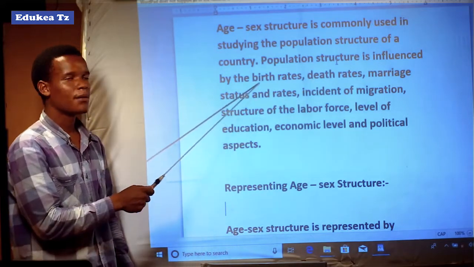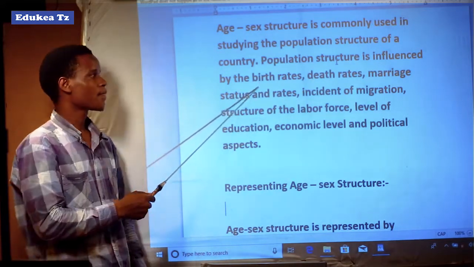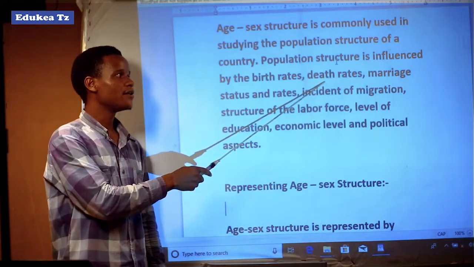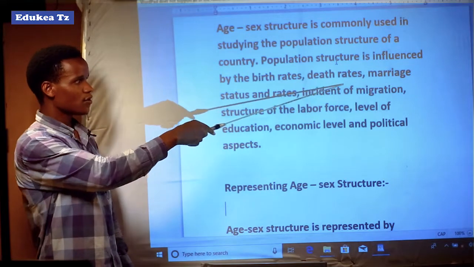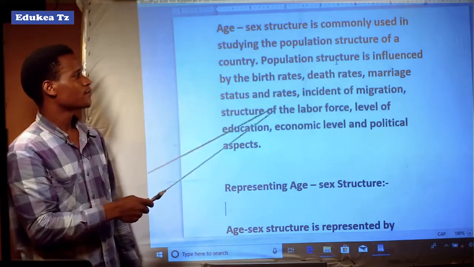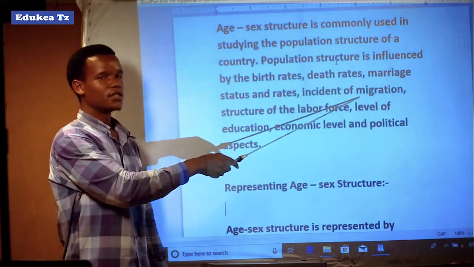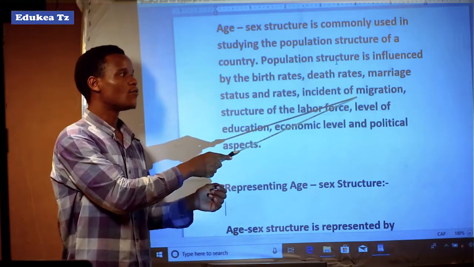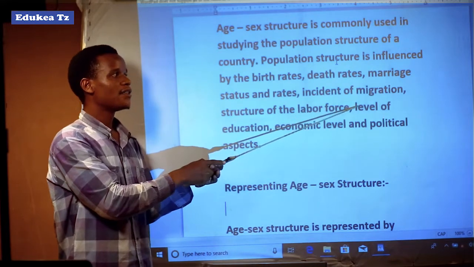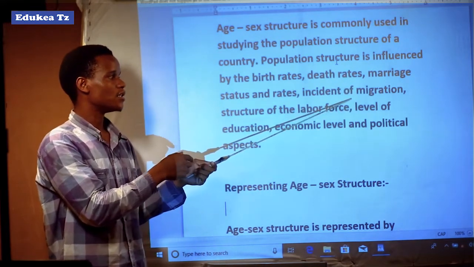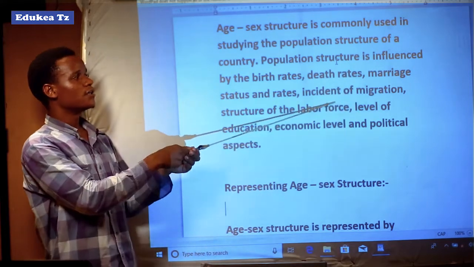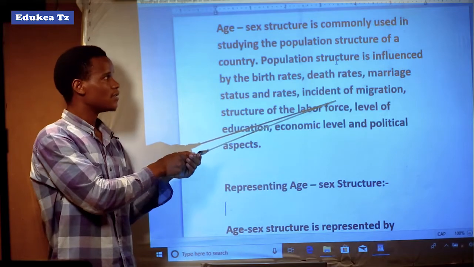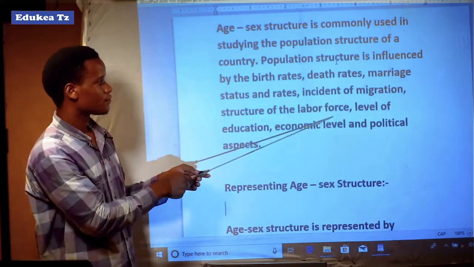Birth rate is the number of births, death rate is the number of people who die, and marriage refers to those who are married or not married. Incidence of migration is people who move from one place to another, either immigration or emigration. So migration acts as an influence on the population structure.